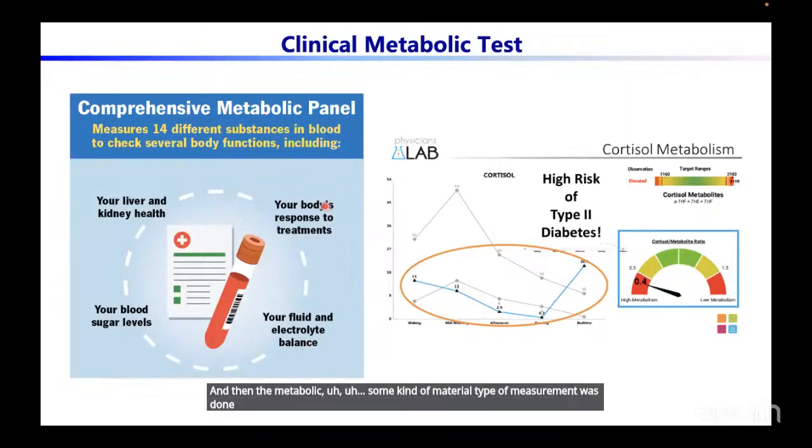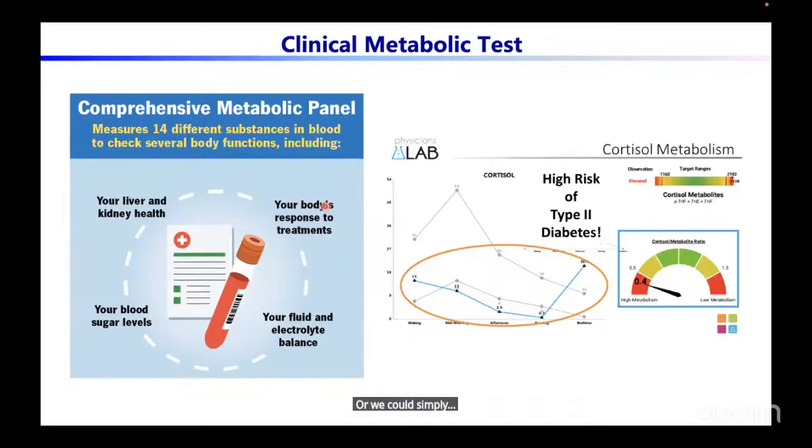It could be a metabolomic measurement, or it is simply a fixed measurement of a certain smaller group of metabolites. So it depends on the specific situation.